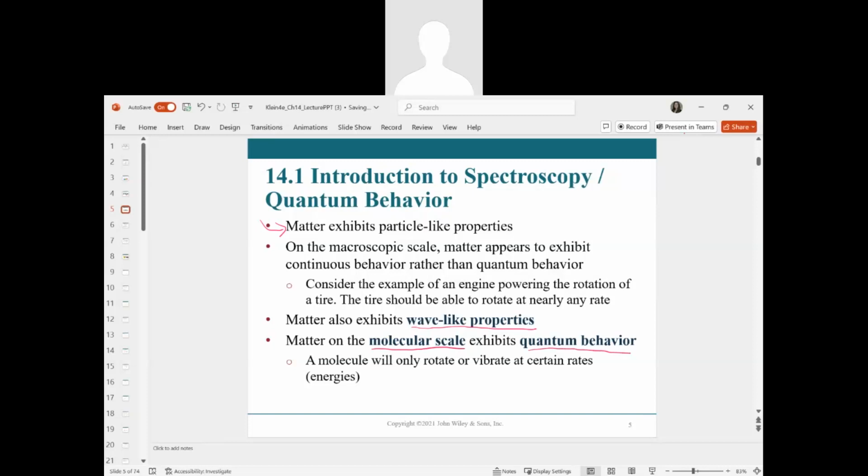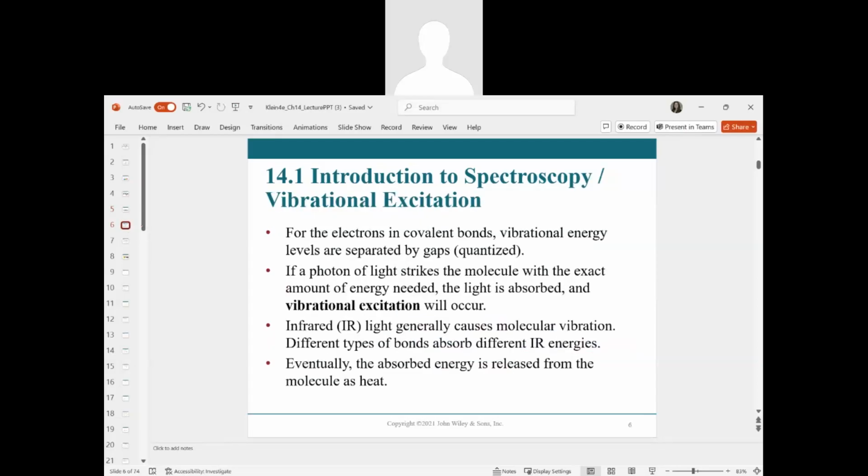So only certain quanta of energy can make molecules rotate or vibrate. So those are going to be some of the responses that we see when electromagnetic radiation is applied to our sample. We're going to be focusing specifically on vibrations and bending.